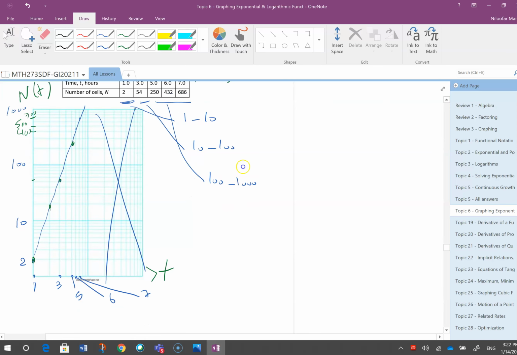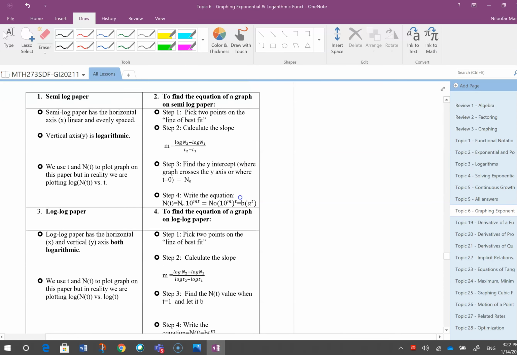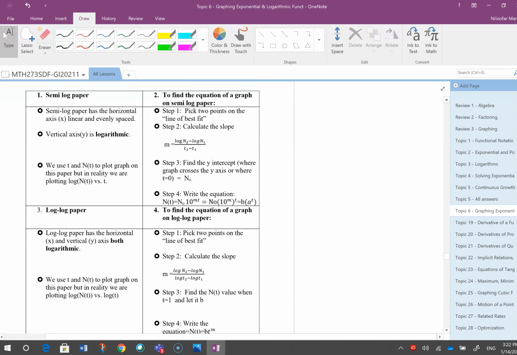I can do that. Now, I can show you all here. Semi-log and log. Okay. Semi-log is here. Semi-log paper has a horizontal, linear x-axis the same as before, and equally spaced. Vertical is logarithmic.